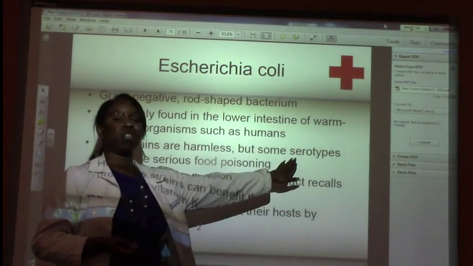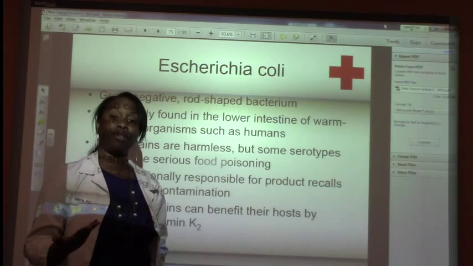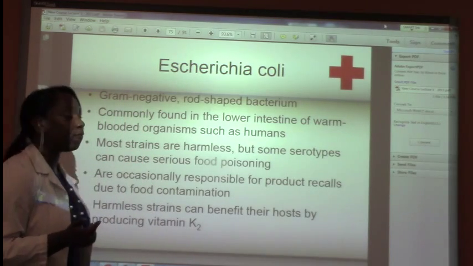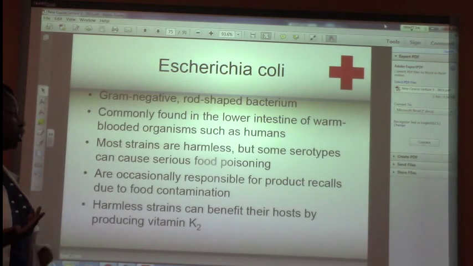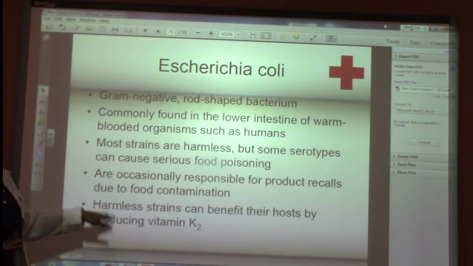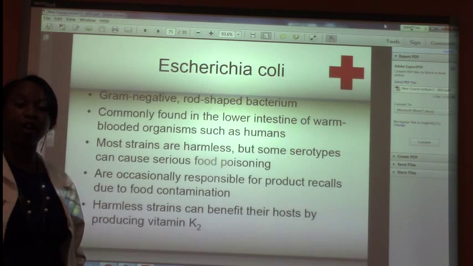However, there are many different serotypes, which, as I told you this week, simply means different strains of the organism. And depending upon the serotype that someone becomes infected with, that can lead to other types of conditions such as serious cases of food poisoning. Occasionally, they are also responsible for food recalls and product recalls.